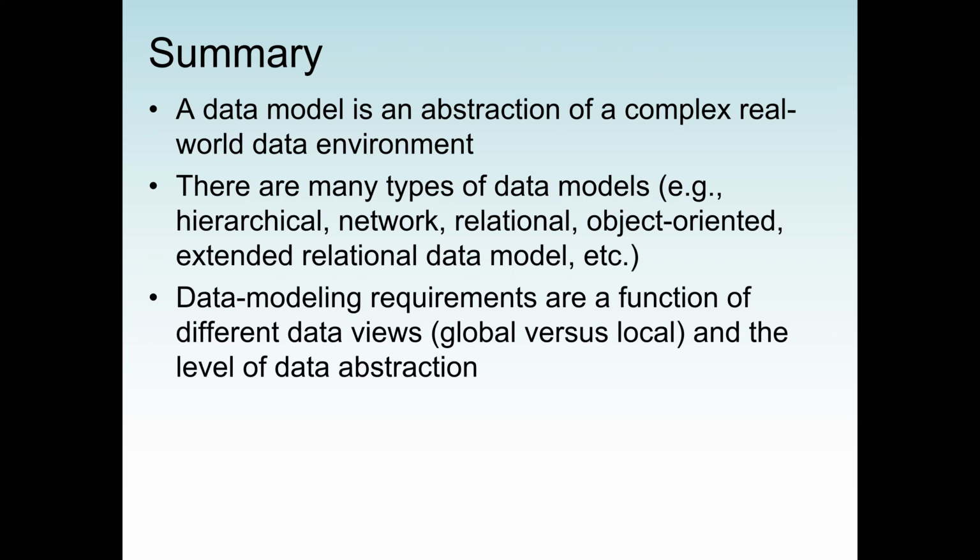There are many different types of data model, and we talked about the advantages and disadvantages of the network, relational, object-oriented, and extended relational data models. Data modeling requirements are a function of different data views, either global versus local, and also the level of data abstraction.